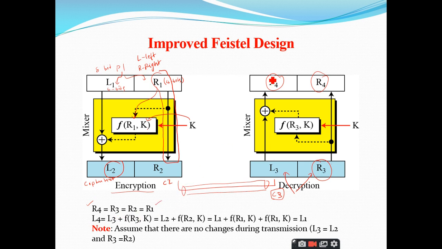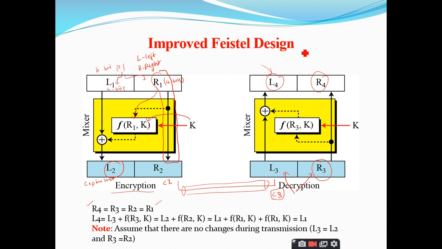Now the concept here is you have to find whether L4 is equal to L1 or not. That is what I need to know. Why? Because I know R4 is equal to R1, clear. But I should establish equality for L4 is equal to L1. So how do I define this L4?